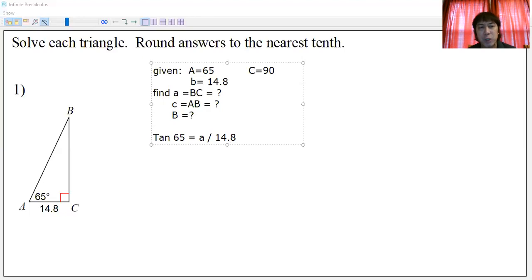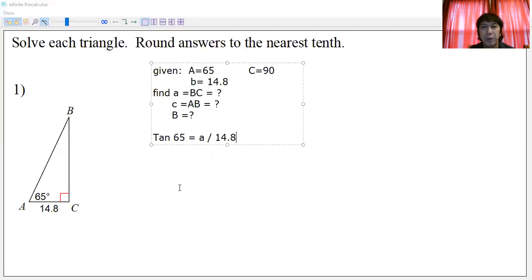The unknown small a side is the BC, divided by 14.8. The adjacent is equal to the tangent of angle A, which is 65. So A over 14.8 is tangent 65.